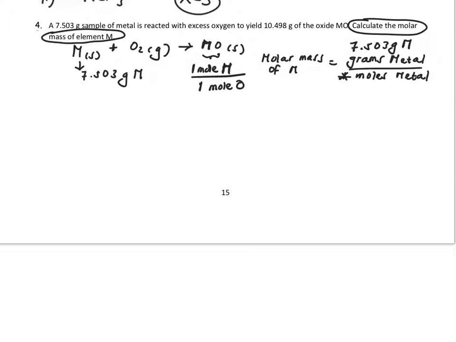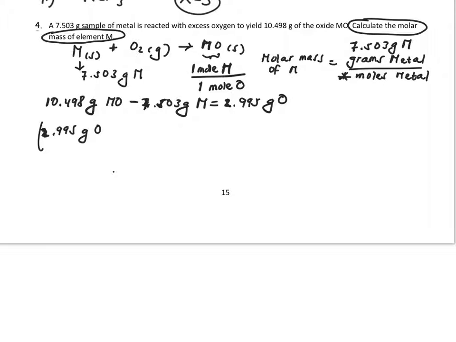Okay, so what we're going to do is we have 10.498 grams of our metal oxide. We're going to subtract the amount of metal, which is 7.503 grams, to get the amount of oxygen, which is 2.995 grams of oxygen. Now that we have our grams of oxygen, we're going to convert to moles of oxygen using the molar mass from the periodic table, which is 16.